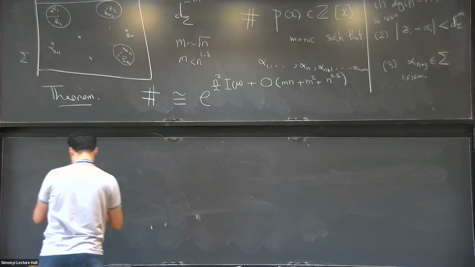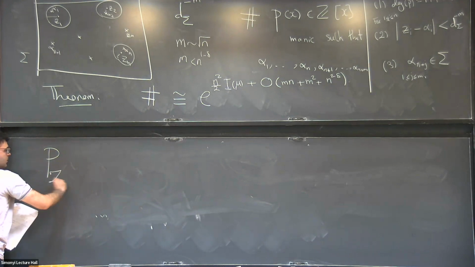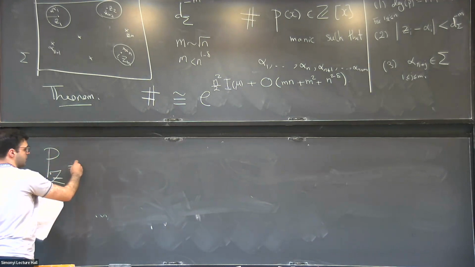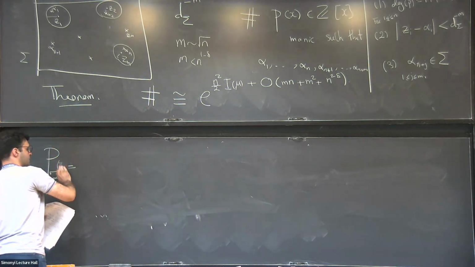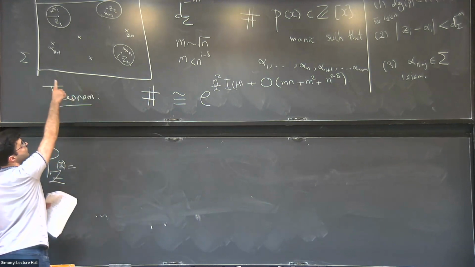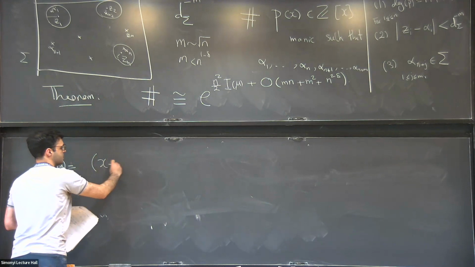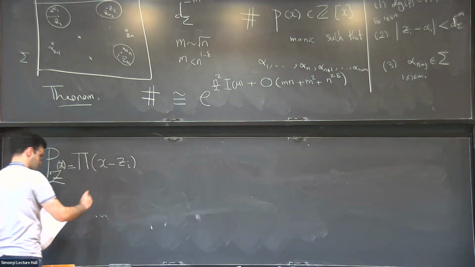One input is that we first prove this for generic choices. Let's define P_z to be the polynomial with roots given by these sample points, so P_z(x) is the product of x minus z_i.